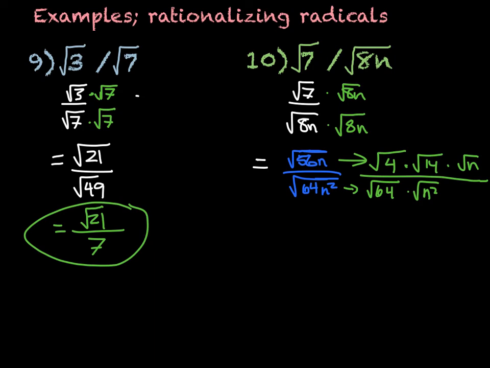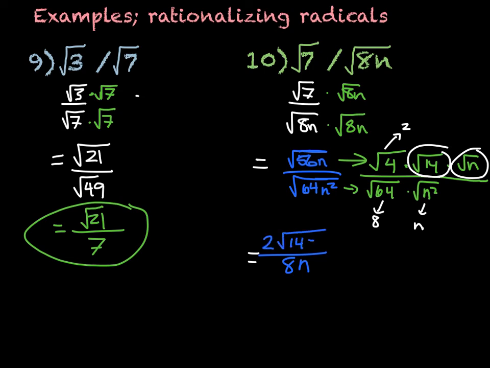Now when I simplify this, the square root of 64 is 8, the square root of n squared is n, so I have 8n on the bottom. And in the numerator, the square root of 4 is 2, and then the square root of 14 is going to stay the square root of 14, the square root of n is going to stay the square root of n. So in the numerator I have 2 times the square root of 14n.